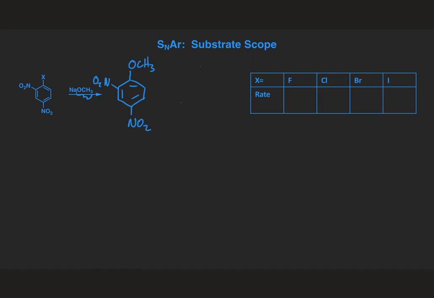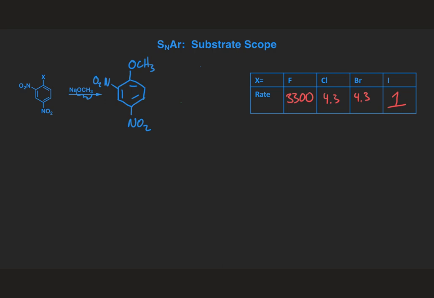And unlike SN1 and SN2 reactions, the fluorine is actually the fastest to eliminate. So fluorine reacts at a rate of arbitrary units 3,300, and it actually reacts much faster than chlorine and bromine, which both react with a relative rate of about 4.3, which are slightly faster than iodine, which reacts with a relative rate of about 1.